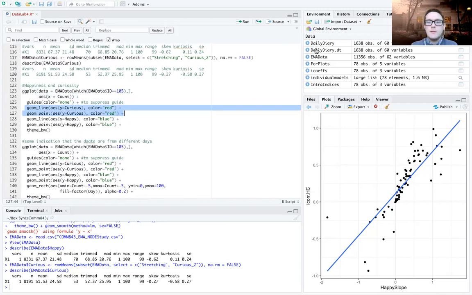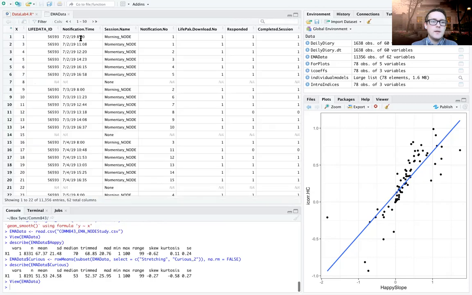You can get at the actual timing by looking at the data set and looking at the notification times. So you're talking about anywhere between 1 to 2 to 3 hours. Remember that this was signal contingent, not interval contingent for everything but the morning survey, so that people didn't anticipate having to respond.